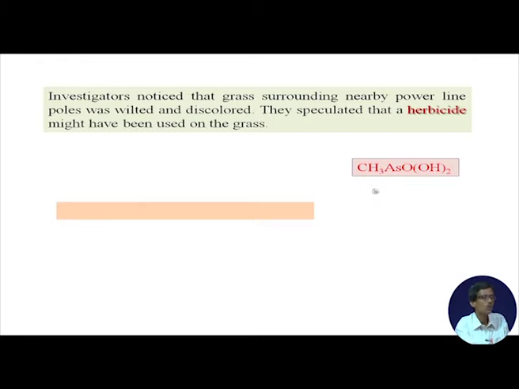It is interesting that it is arsenic, because nowadays we talk about arsenic contamination or pollution in groundwater, which we will discuss at some point. That is why I have chosen this arsenic based compound, which is nothing but an arsenic acid.